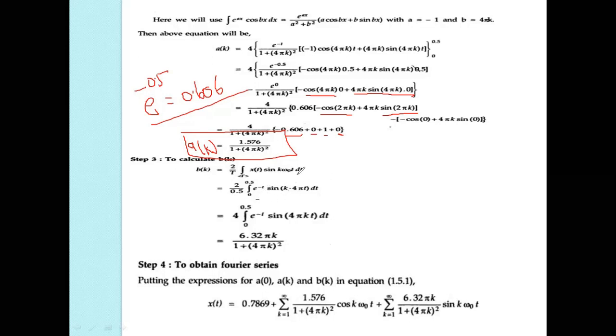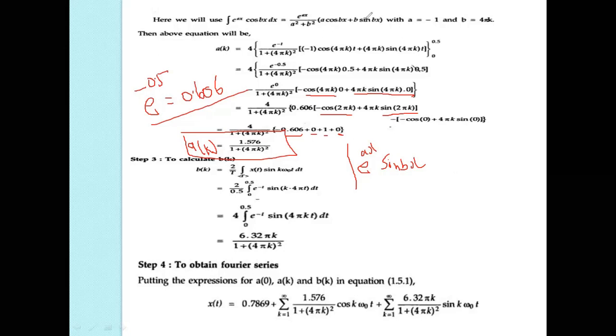Again, the formula is there, e power ax into sine bx. Previously, it was e power ax cos bx into dx. Now it is e power ax sine bx. Only the change is e power ax by a square plus b square is the same.